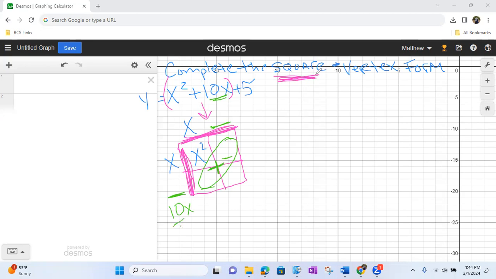Let's take 10 divided by 2, and that would give us 5x. Well, on the outside, what times x is 5x? That's positive 5. And that would be the same over here, positive 5. So we have x plus 5 and x plus 5, which simply means we have x plus 5 squared.